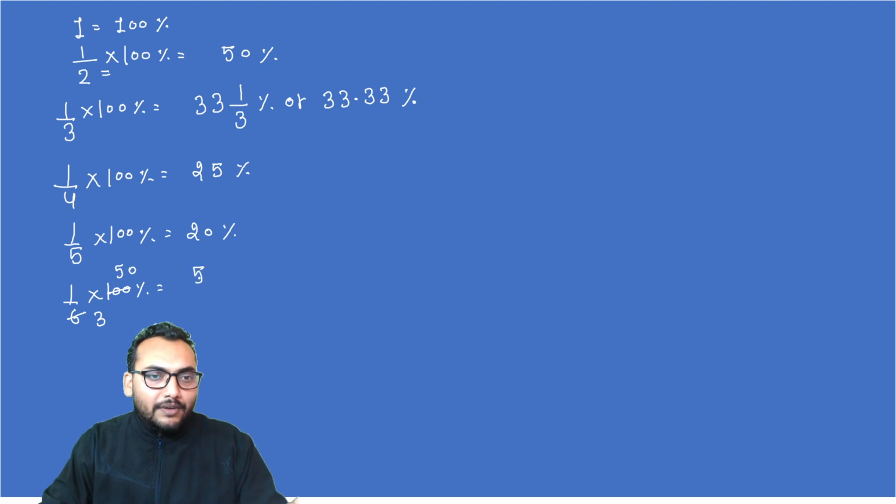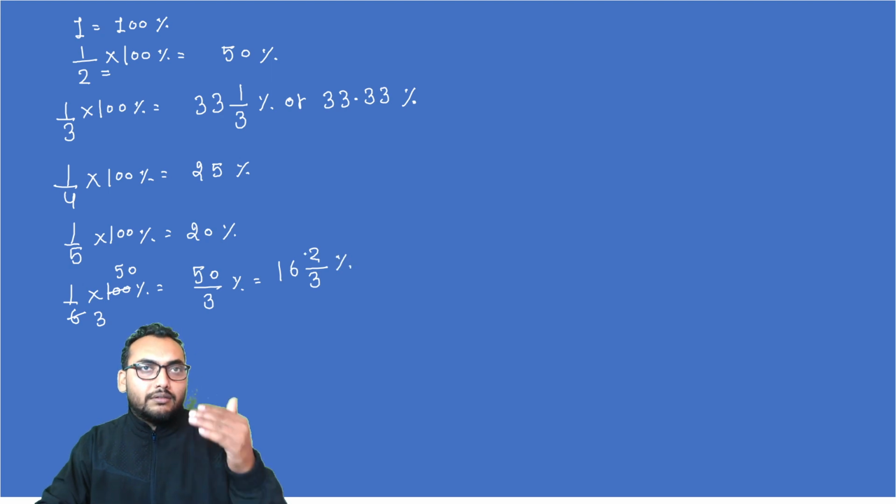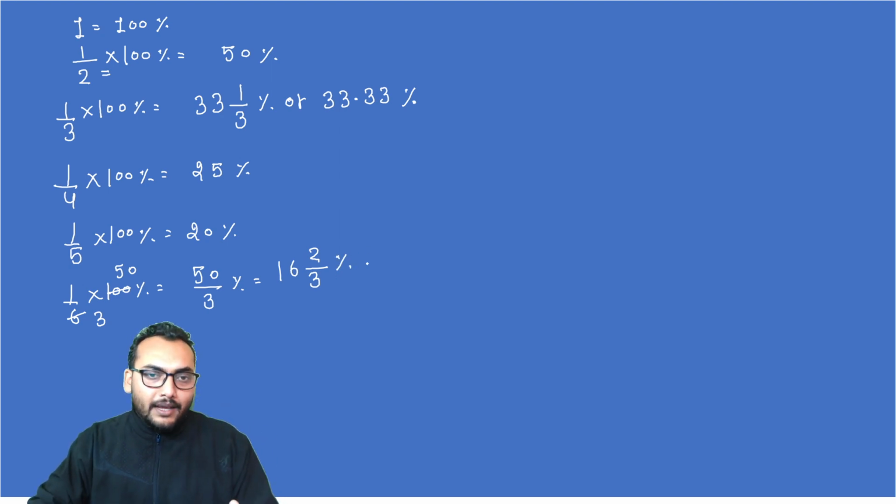So that means now you will get 50 by 3%. So you can write it as 16 whole 2 by 3%. Otherwise, you can write it as 16.66% also.